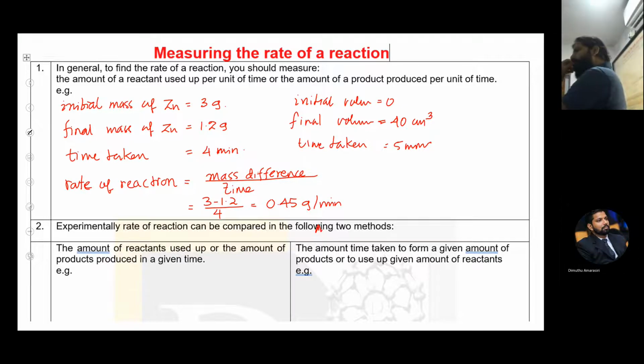Do you know the world record of Usain Bolt for 100 meters? 9.58 seconds.